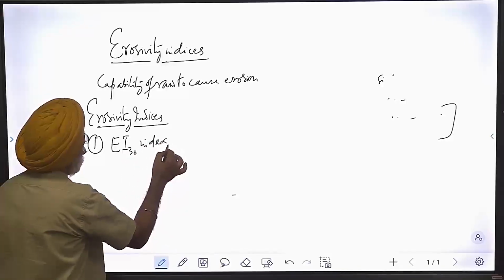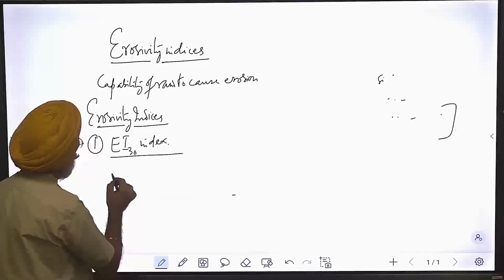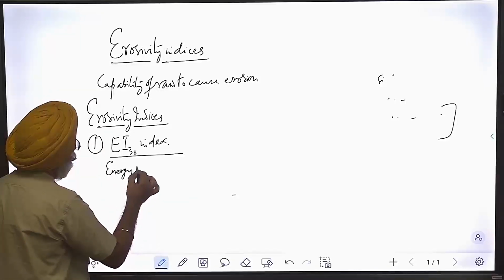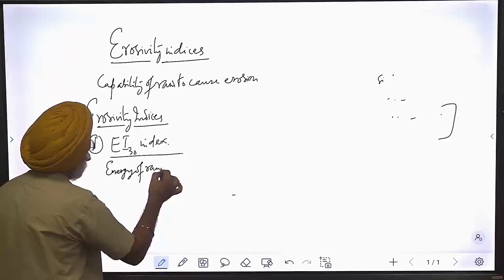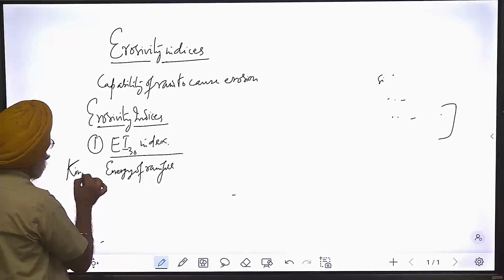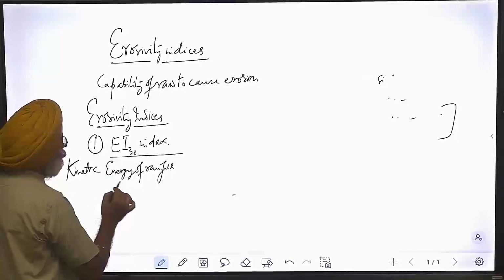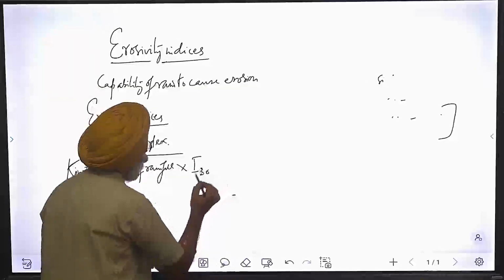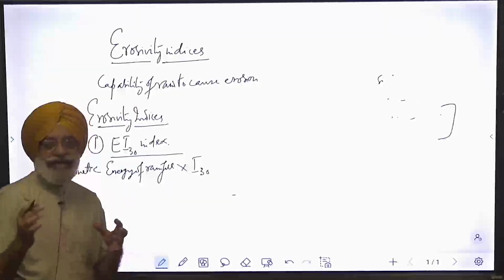Now EI30, what is this? This is basically the product of the energy of rainfall. Which energy? It is simply kinetic energy. Kinetic energy of rainfall multiplied by I30. Now what is this I30?